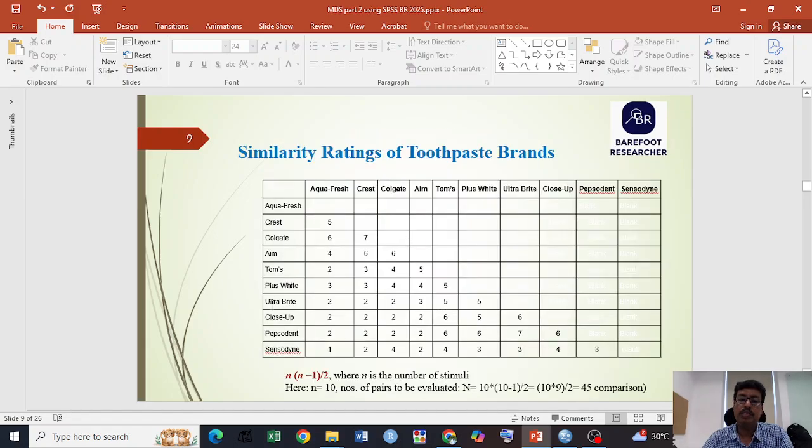So this is the table you can get. There are 10 brands across rows and across columns, so you get 10 into 10 minus 1 divided by 2, that is 45 comparisons. It's a square symmetric matrix, so the diagonal would be 0 and the upper half and lower half values would be the same.